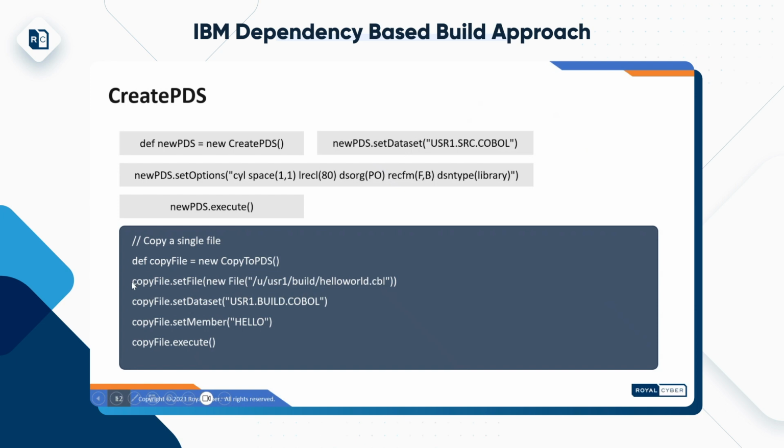When I want to compile or build, this needs to be copied into a partitioned data set. So all my Groovy scripts will have this step as mandatory, because I want to copy the source file from the hierarchical file system to a partitioned data set. I'm calling this, and it is self-explanatory. I'm using some setter methods and the execute command to make the copy happen.